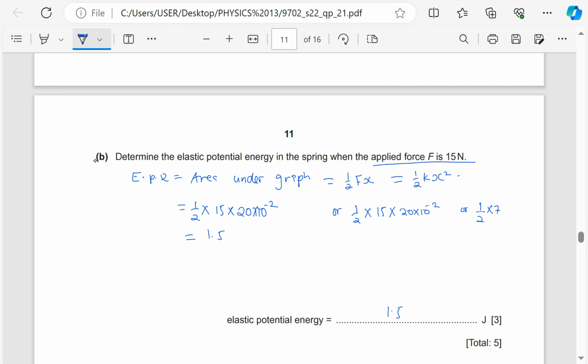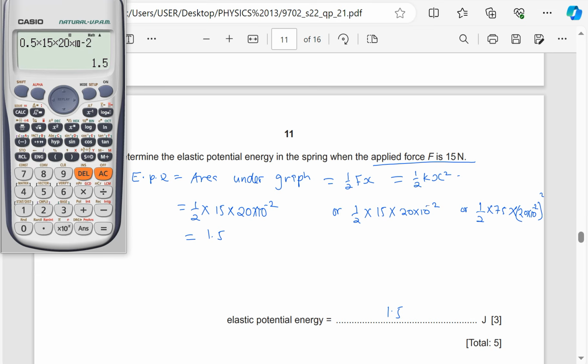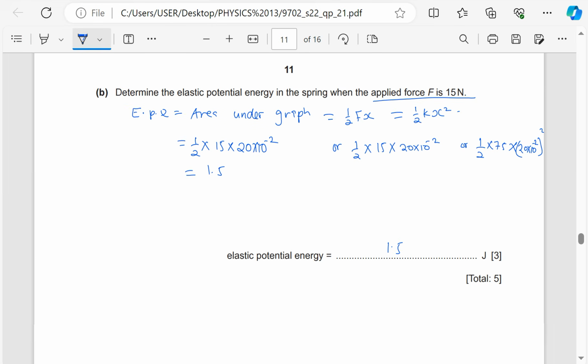We got K as 75. Then X is 20 times 10 to the power of minus 2, but this is going to be squared, which gives us the same answer, 0.5 times 75, times 20 exponent minus 2 squared, which is still the same. So the answer is the same.